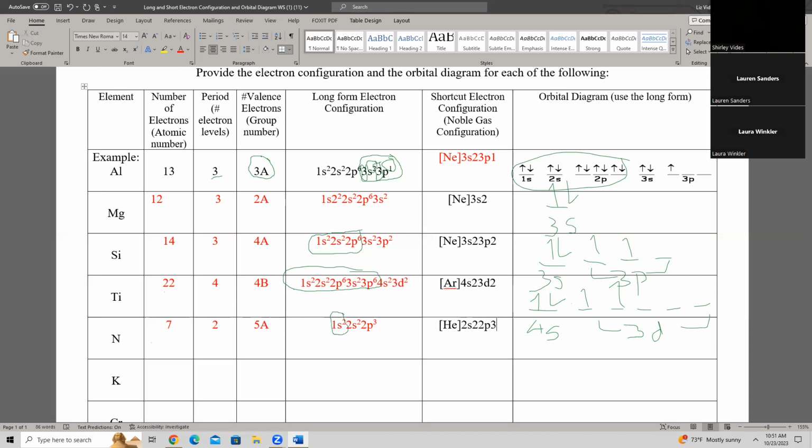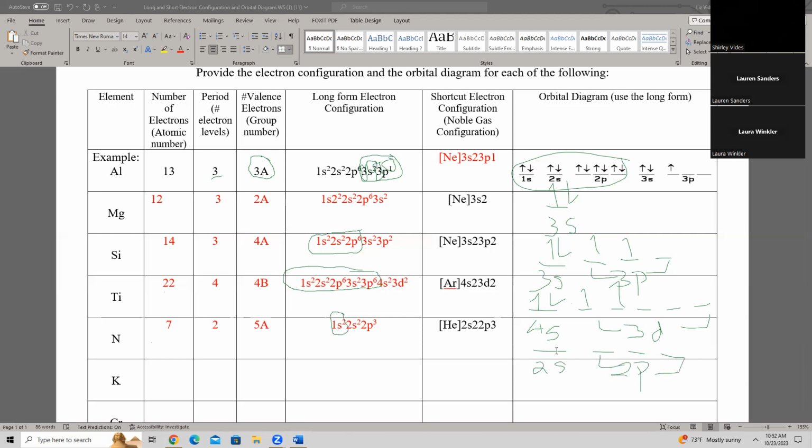Okay, so to write that down, and this is the hard part, trying to get it so that it looks small and good enough. It's not easy. So this is 2s and this is 2p.